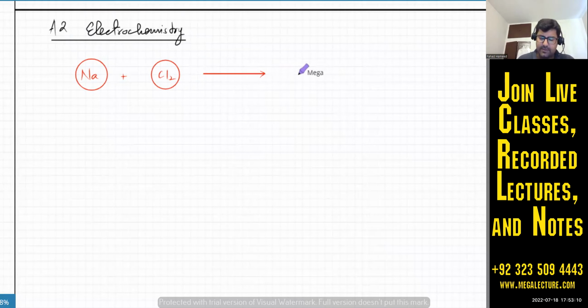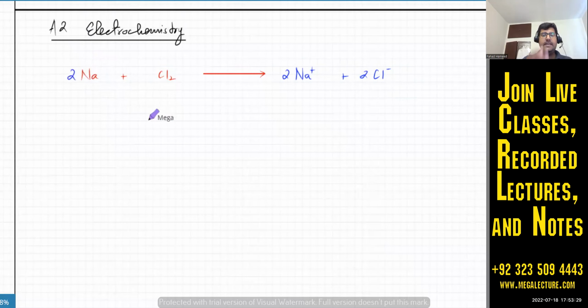Okay, so it's going to lose electrons, right? It's going to form Na+1. And what will happen to Cl? Cl is obviously going to gain electrons, right? So we've made a redox reaction. It's got double, 2Na, 2Cl. You can balance it. Remember, electrons gained and lost have to be equal. So this was very easy. You were able to make a redox reaction, okay?